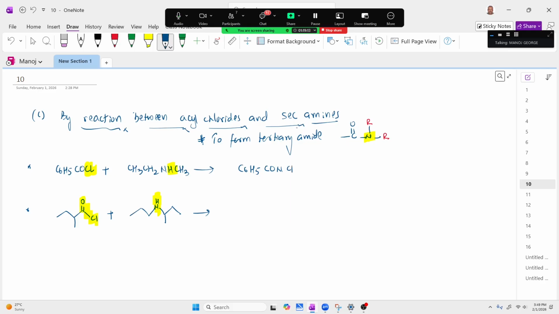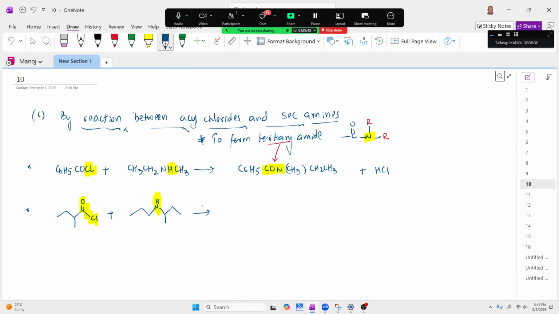So what would we normally recommend? Put the smaller one in the bracket and put the bigger one as the parent. So this is an easy way to write it. Have you understood? Put the smaller R in the bracket and the bigger R goes in as the parent chain. Got it? So what you see is the CON. That's your tertiary amide. Let me know if you all are clear.